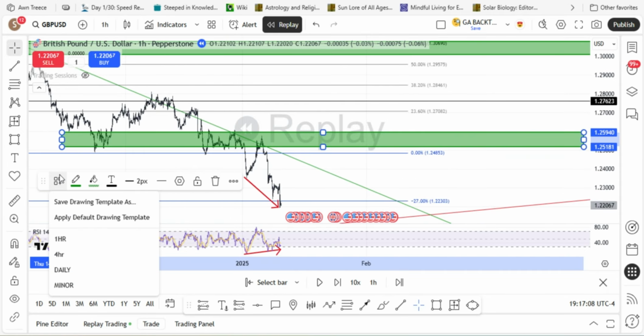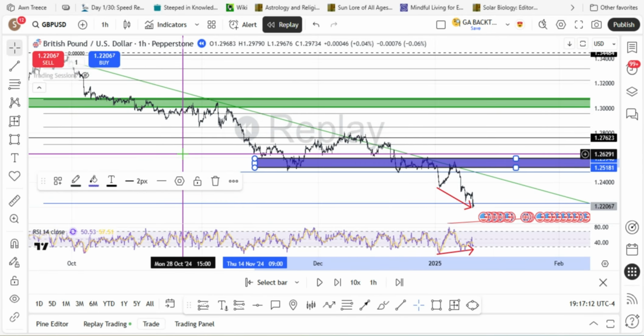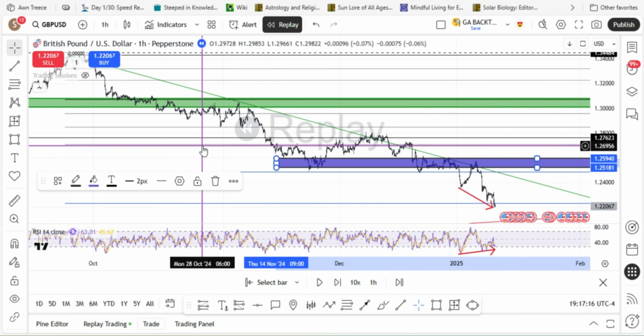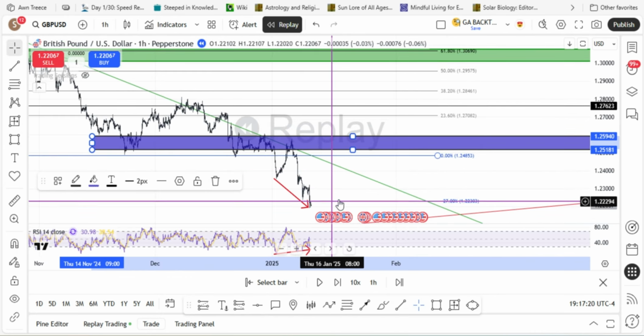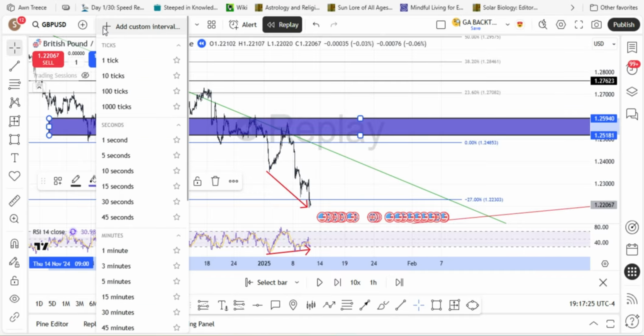Go ahead and make that the 1 hour. Also up here, but price is kind of far away from there, so we'll get to that if and when we need to. All right.